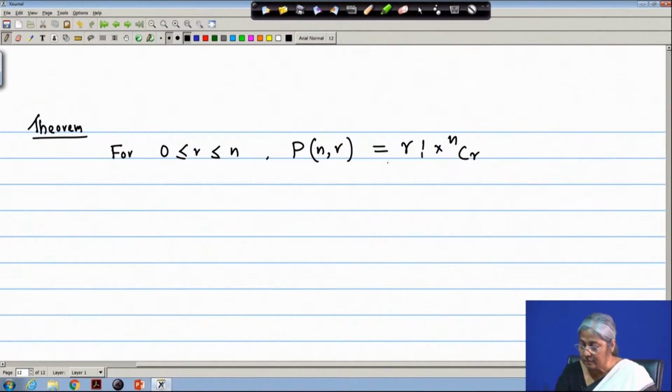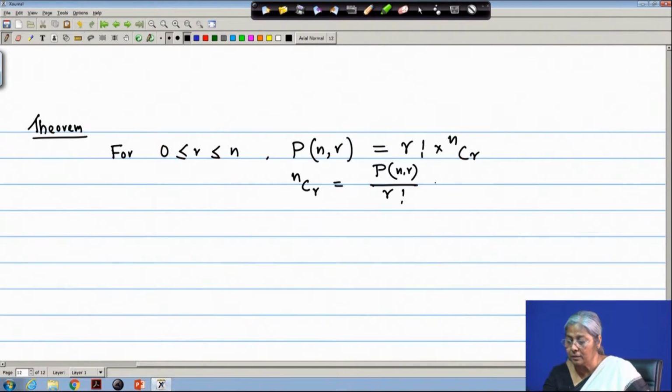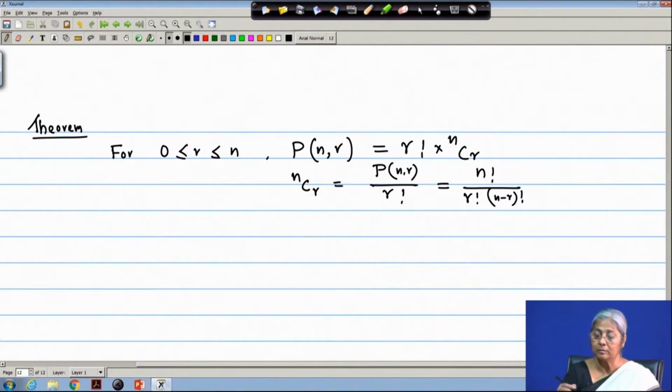So, I can write nCR is P(n,R) divided by R factorial. Already we know that P(n,R) is n factorial divided by (n minus R) factorial. So, this is my R combination of n elements.